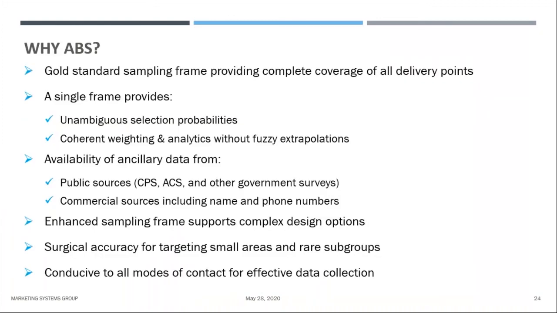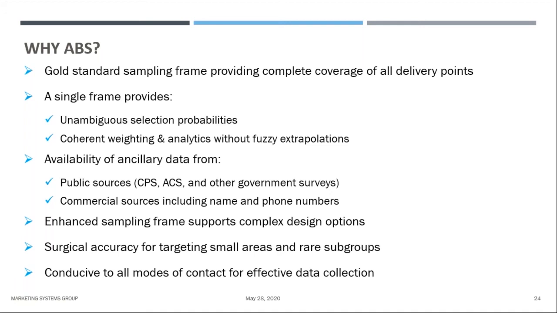So let me wrap up by reviewing one more time why ABS. Many researchers consider ABS the gold standard for all the benefits that it provides in terms of coverage, having a single frame to work with, which makes the selection easy, and the weighting and analytics become fairly clear and coherent.